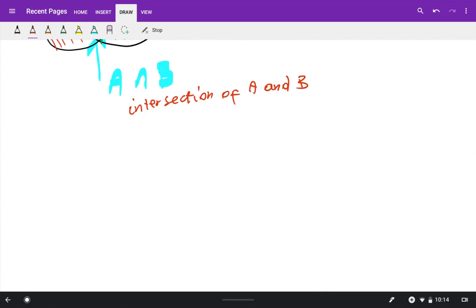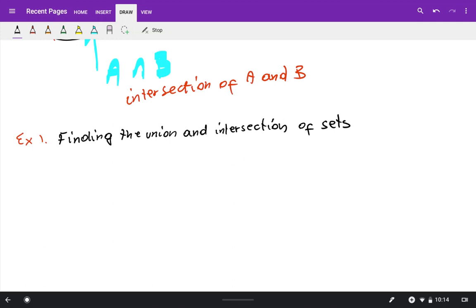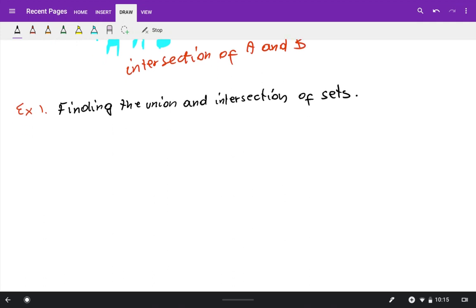Let's do the first example. Example 1: finding the union and intersection of sets. We just want to practice and make sure that we understand. This is what is given.